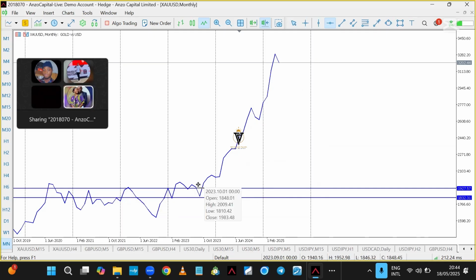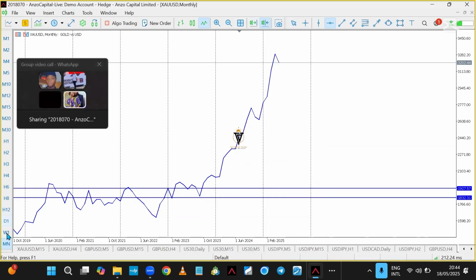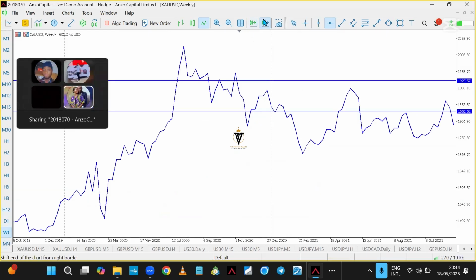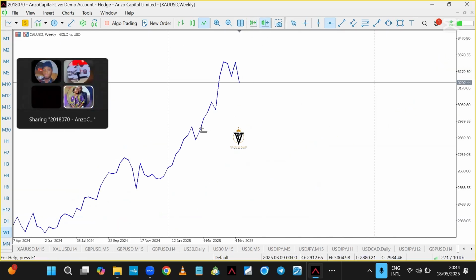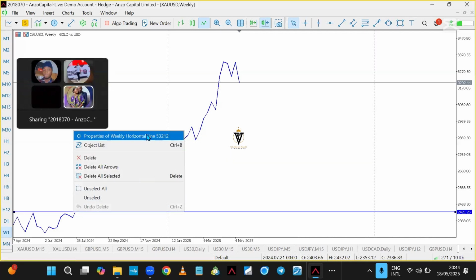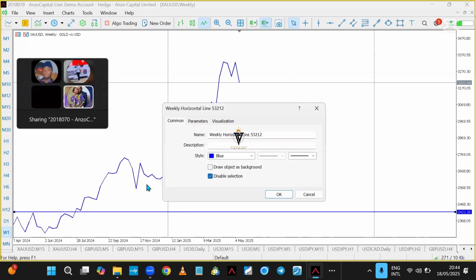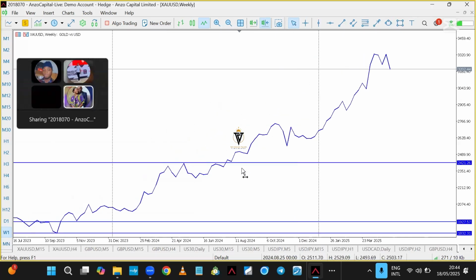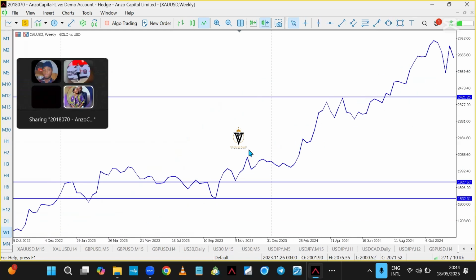We can't find any other level, right? So let's switch to the weekly time frame. Okay, the weekly time frame is something else. I can't find many levels on the weekly time frame as well.